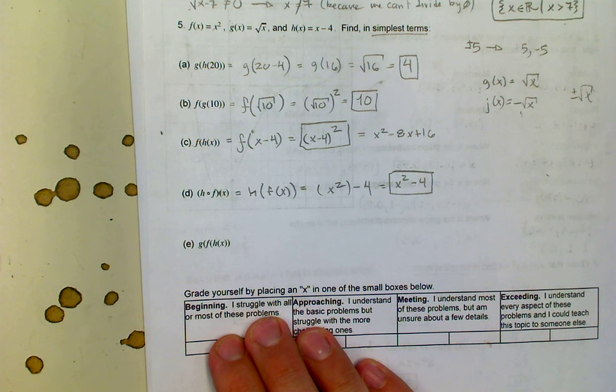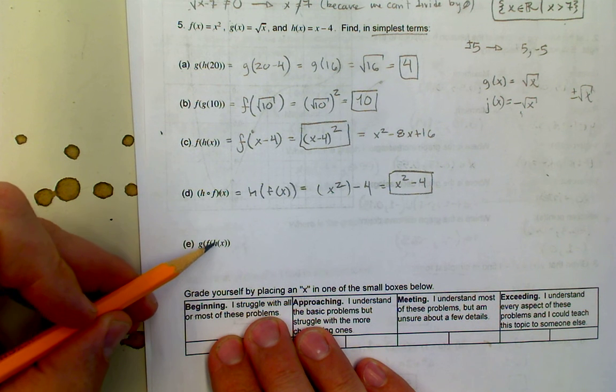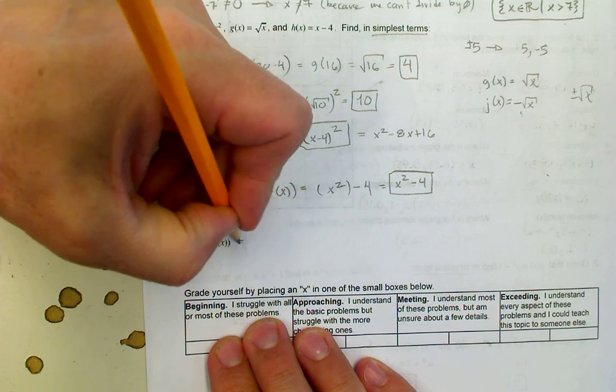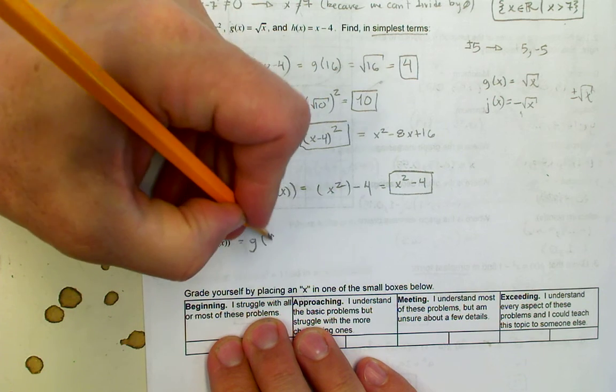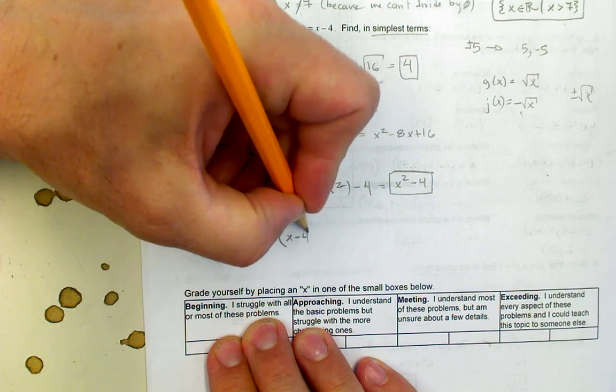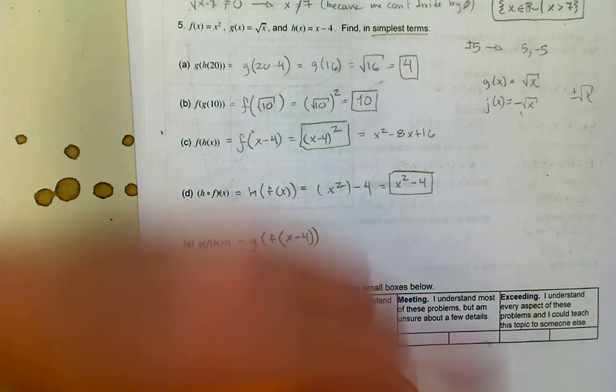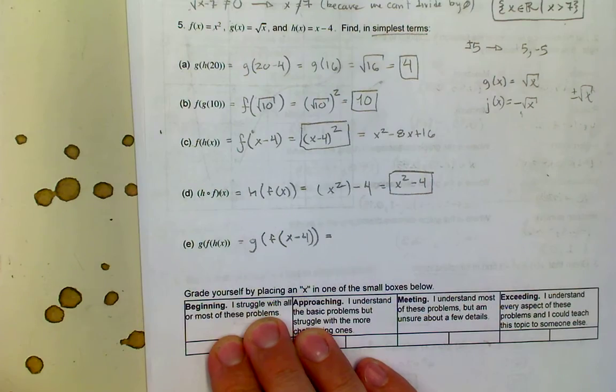That's a lot. So let me just begin by going right here to the h of x, and I'll say this is g of f, and instead of h of x, I'm just going to put my x minus 4 in there. g of f of x minus 4 is what that is. And I can go a little bit further now, and I know that f of x is the x squared function.